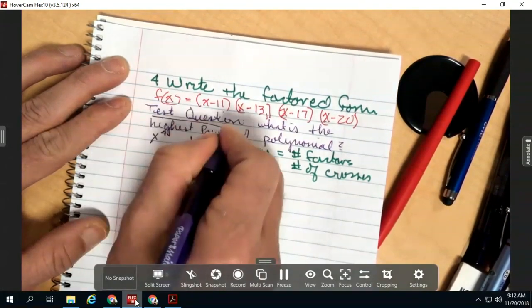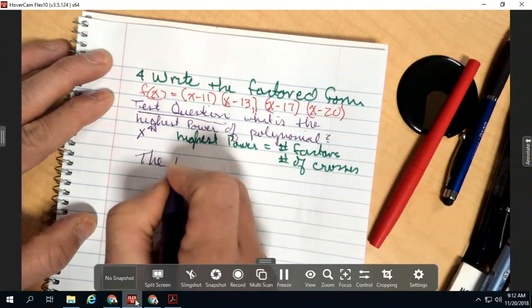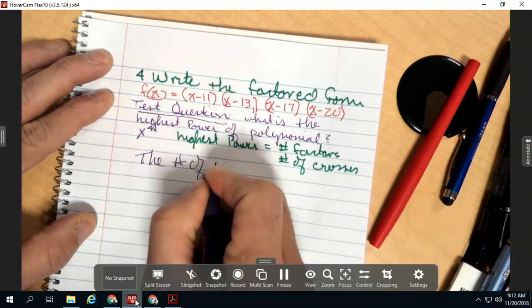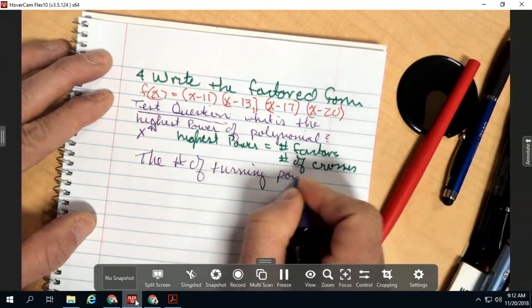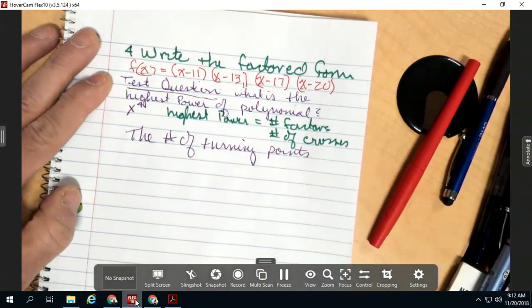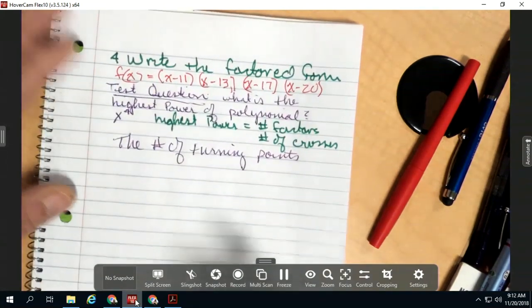Another test question. The number of turning points. What's a turning point? It starts going in the other direction.